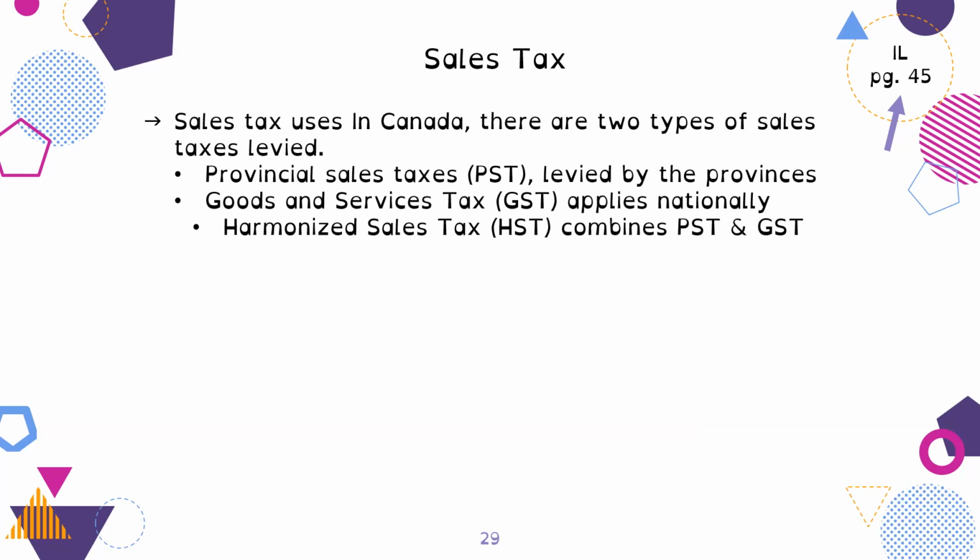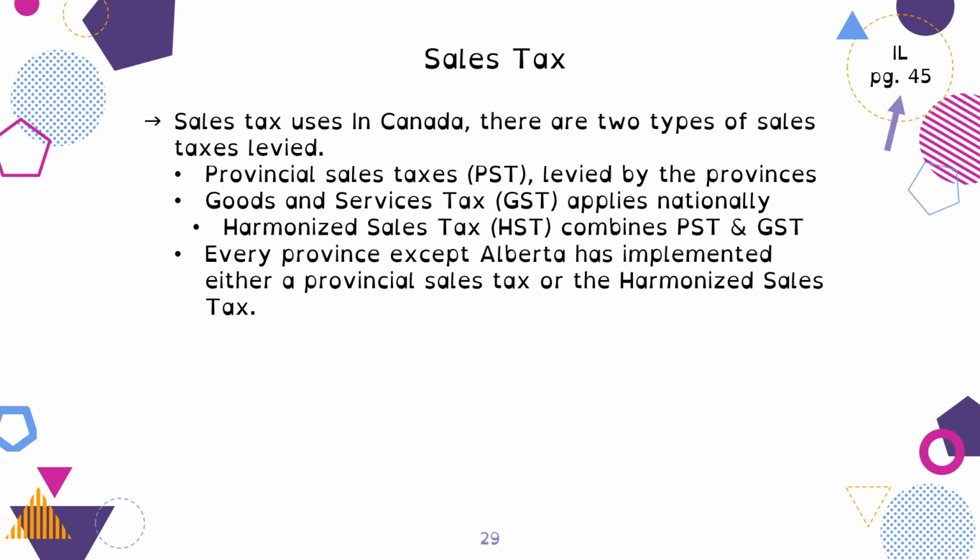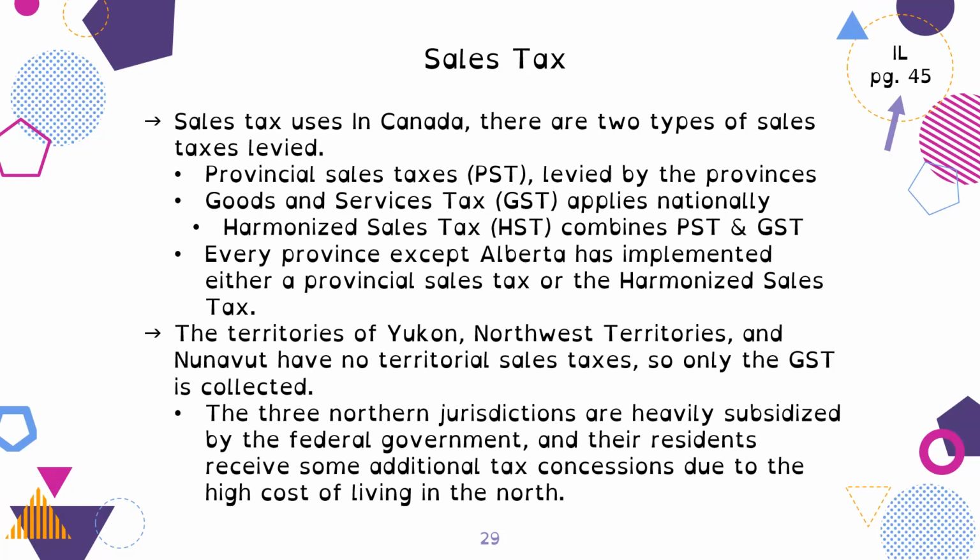So some provinces, instead of having 2 separate taxes, you have a harmonized tax, which everything is combined together. So every province in Canada, except for Alberta, has either a provincial sales tax or a harmonized sales tax, or HST. In the territories of Yukon, Northwest Territories, and Nunavut, there is no territorial sales tax.